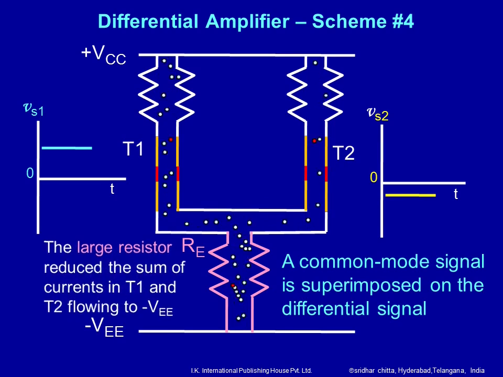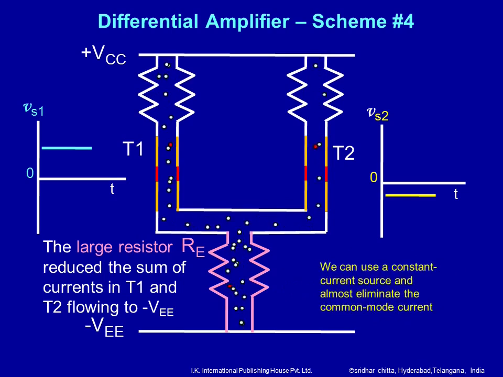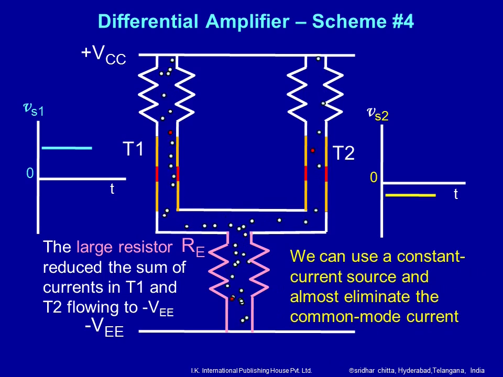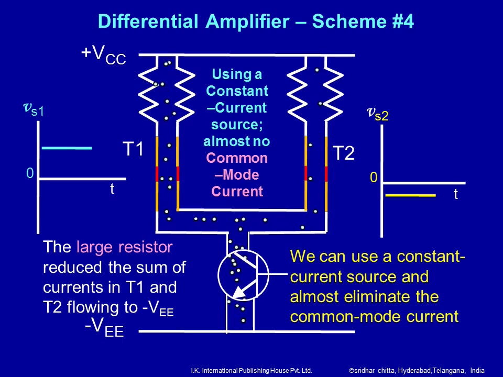The large resistor RE reduces the sum of currents in T1 and T2 flowing to minus VEE. We can use a constant current source and almost eliminate the common mode current. Using a constant current source, almost no common mode current is seen.